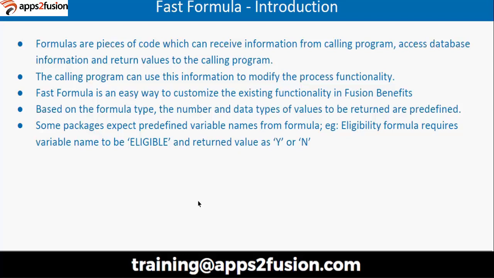So the application calling your formula is passing information to it: this is the person number, this is the program, and I need the eligibility. The formula takes this input and has a logic defined within the formula scope, and using that logic it calculates the value from the input it receives.